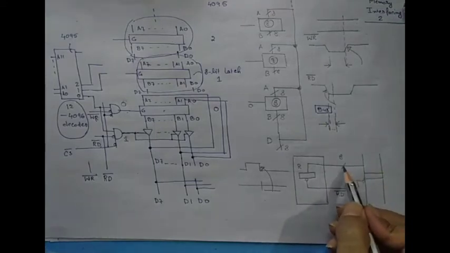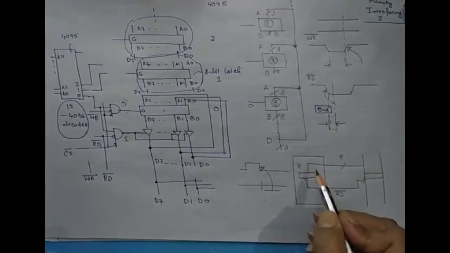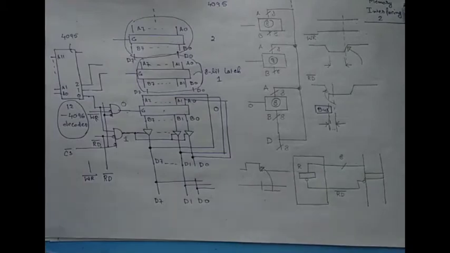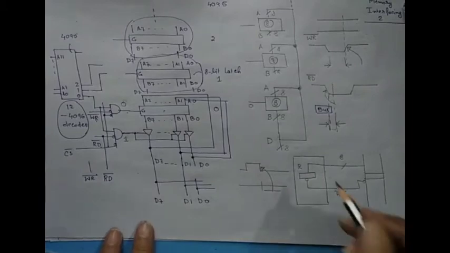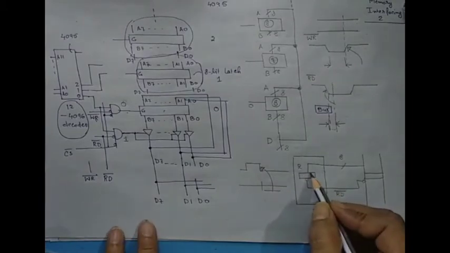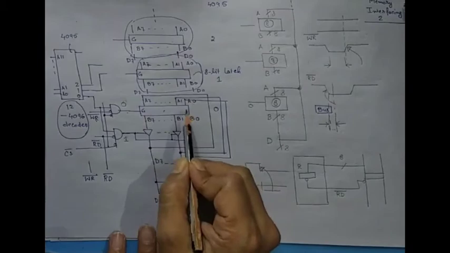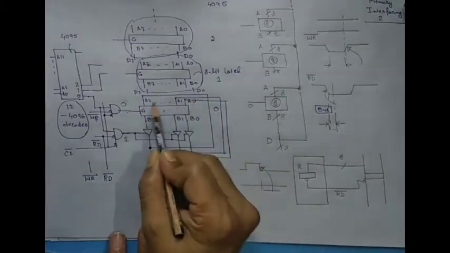If I just assume that external data line and internal data line during the read operation are just connected, then from external data line the data will come on internal data line, and if I assume that the internal data line is connected with the input lines of the register, then they will appear on the input line of the internal register like this.